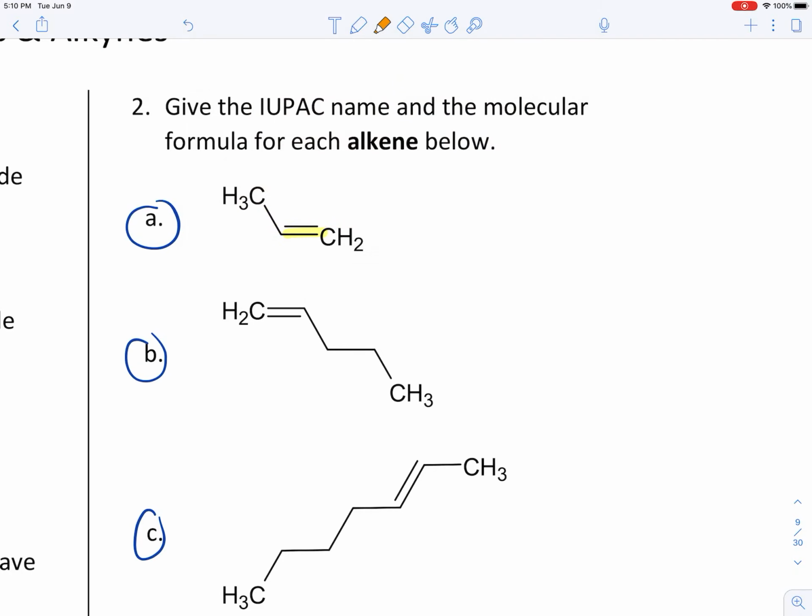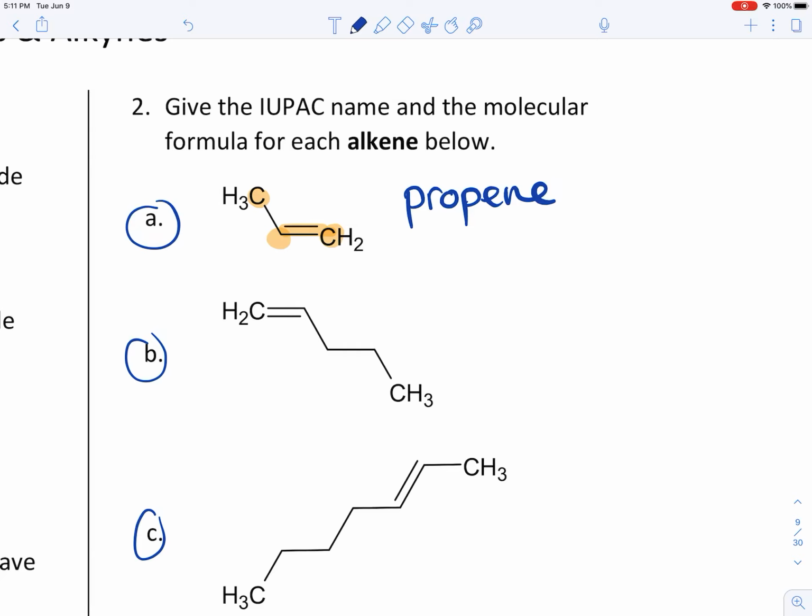The double bond tells me that we have an alkene. Next, I look at the number of carbon atoms, and we can see that this molecule has 1, 2, 3 carbon atoms. If it were just an alkane, we would call it propane. But because it has that double bond, and it's now an alkene, its name is propene.